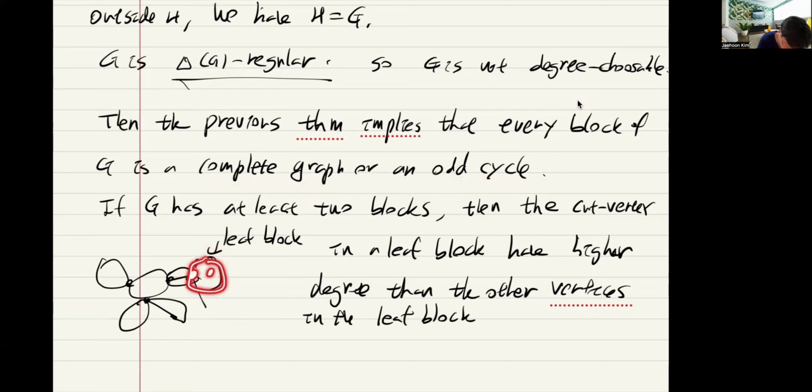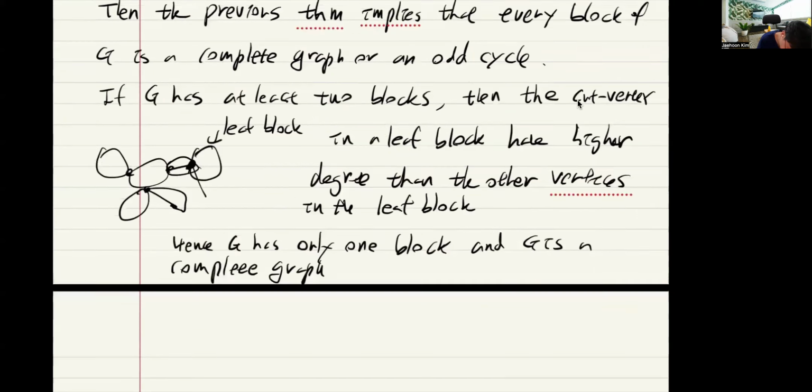However, this vertex is a cut vertex, so it sends one edge outside, and they have different degrees. Hence, G has only one block, and it is either a complete graph or an odd cycle, which finishes the proof.